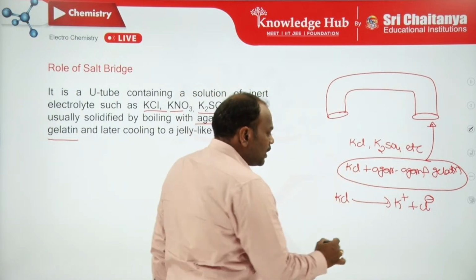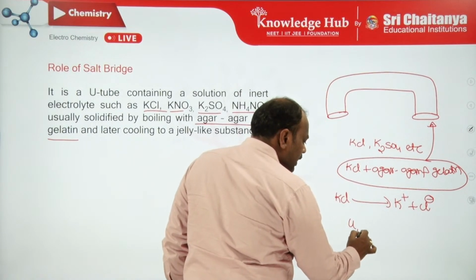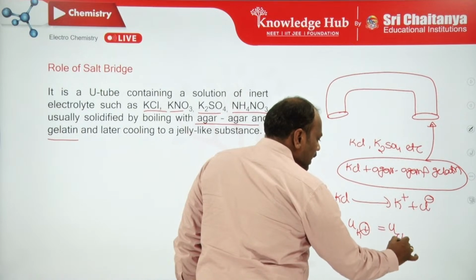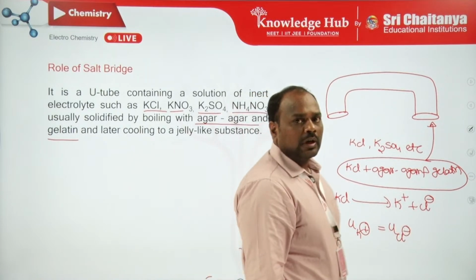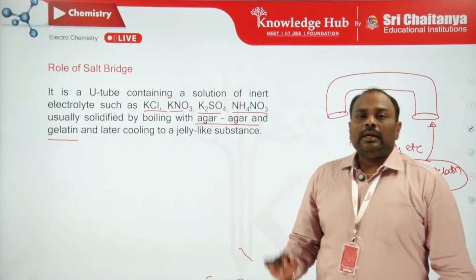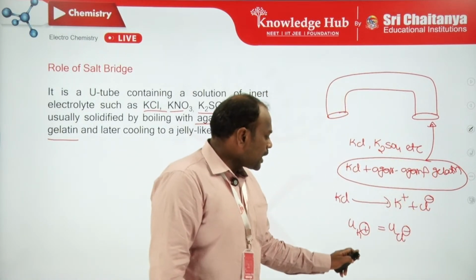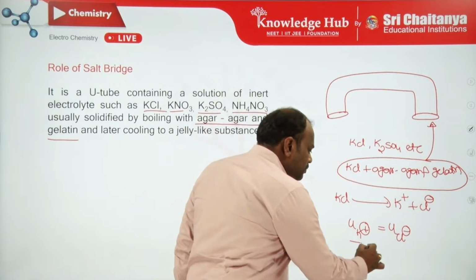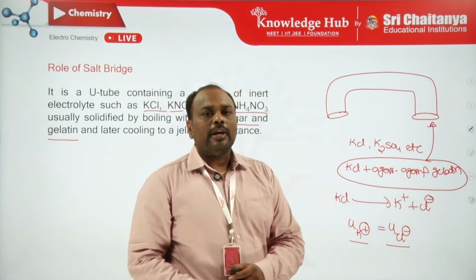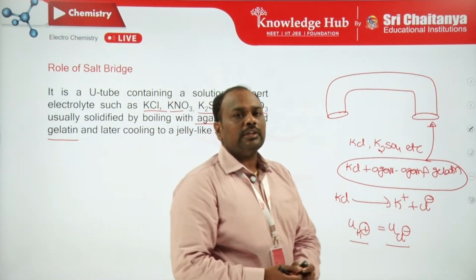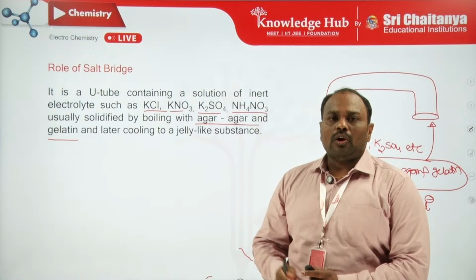But here, the mobility of the K plus ion must be equal to the mobility of the Cl minus ion. That is called the transport number. So for potassium chloride, the transport number of K plus must be equal to the transport number of Cl minus. Due to similar transport numbers, that mixture is used in the salt bridge.